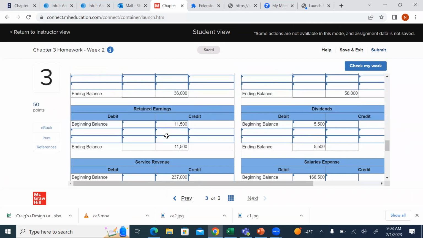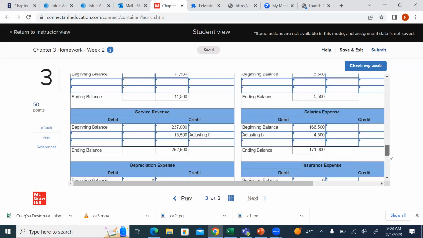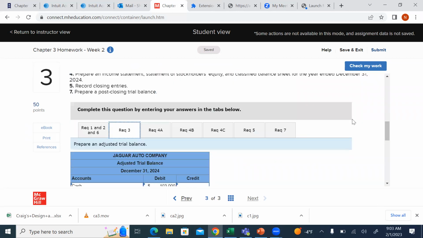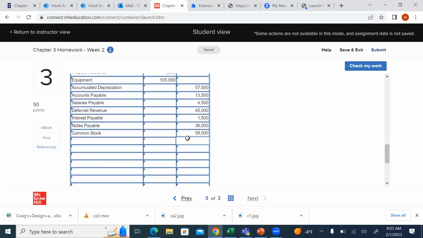Retained earnings, 11,500. Dividends, 5,500. Remember, dividends are a debit balance. Okay.